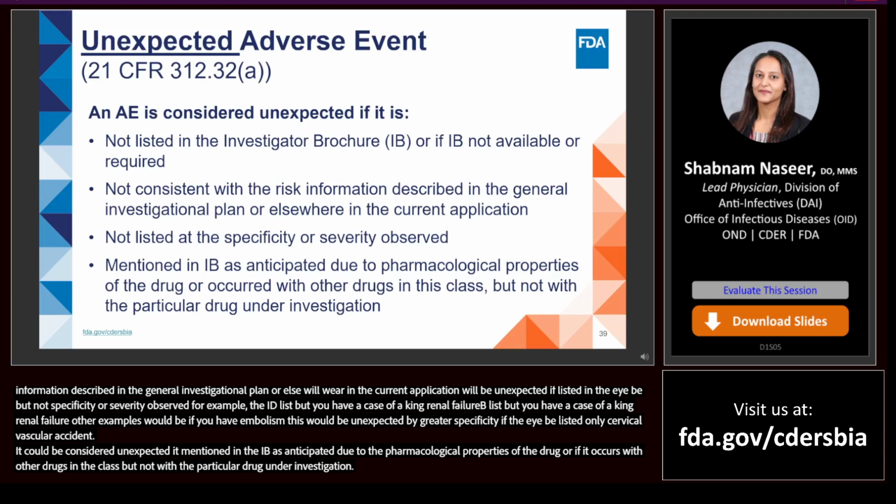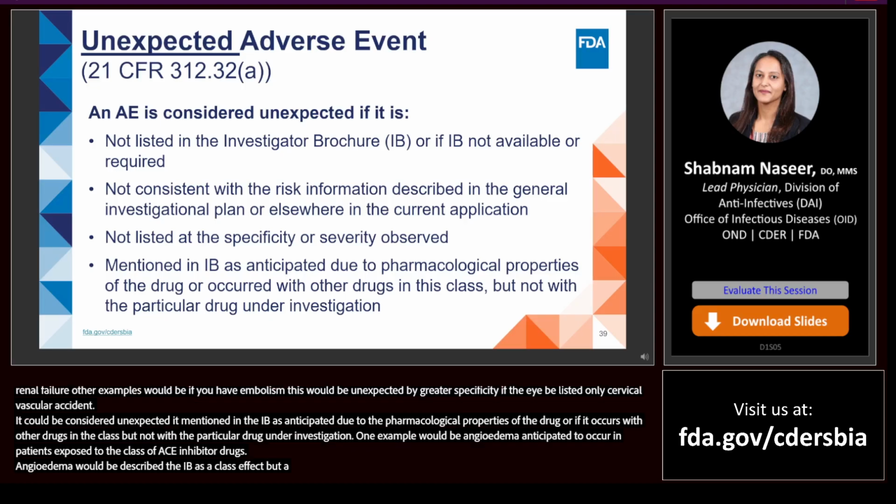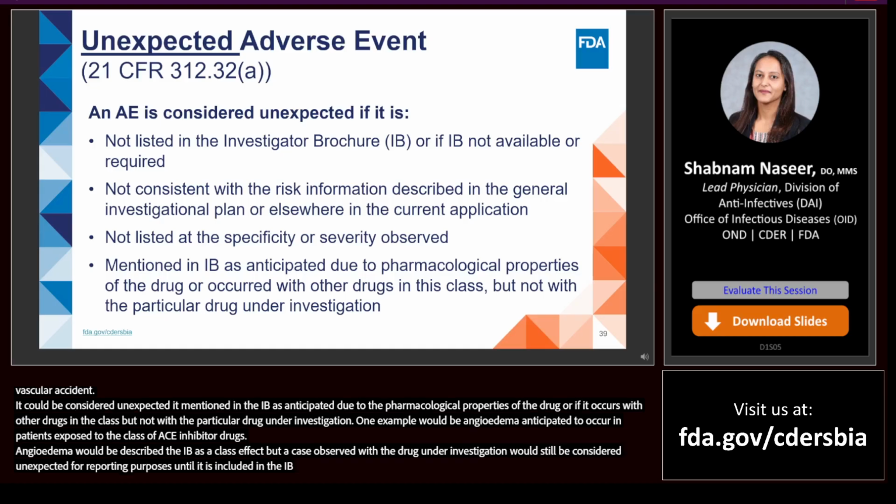It's anticipated to occur in patients that are exposed to the class of ACE inhibitor drugs. Angioedema would be described in the IB as a class effect, but a case of angioedema observed with the drug under investigation would still be considered unexpected for reporting purposes until it's included in the IB as occurring with the drug under investigation.